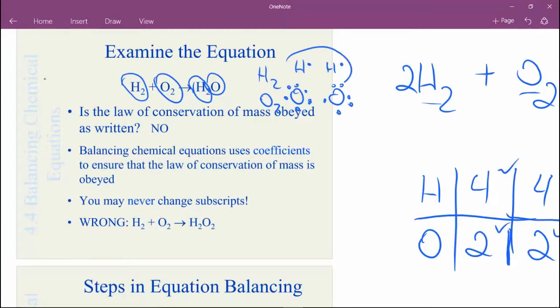Then these 2 hydrogens can react with this 1 oxygen to form H2O. But what am I left over with? I still have another oxygen that needs some more hydrogens, right?